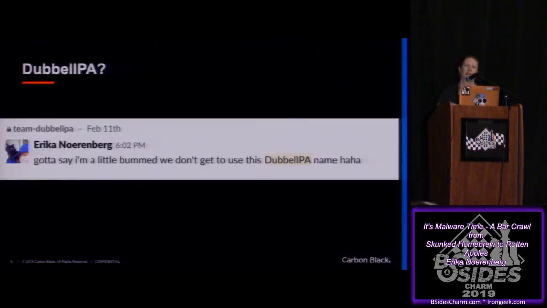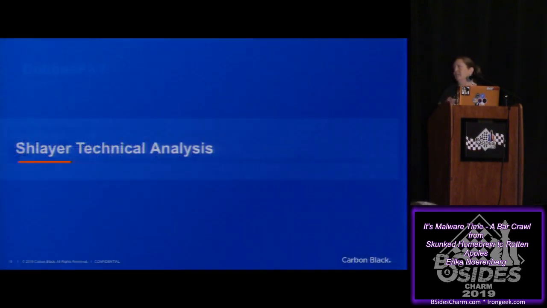So, bummed. Can't use the Double IPA name. But our boss said, why don't we just keep Double IPA and make it a campaign identifier? It's still Shlayer, but it's the Double IPA campaign or something, just so we can use it. But it was pretty clear that this was an ongoing thing for the past year. So, all right, I'm just going to have to call it Shlayer.